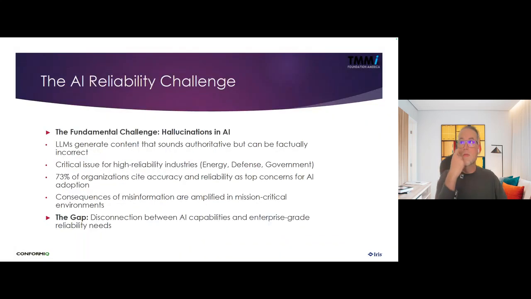All right, so let's talk about the fundamental challenge. Hallucinations in AI are a problem. The fact-based nature of the returns are a problem, and I and we as a company consider these a fundamental challenge to preventing broad AI adoption in critical industries, especially high reliability industry.